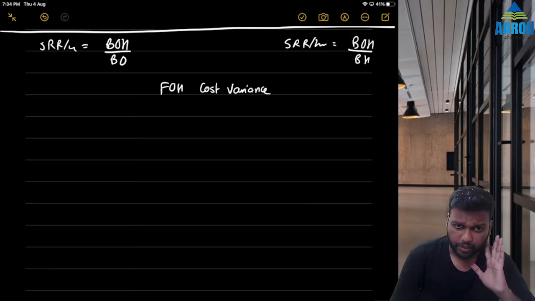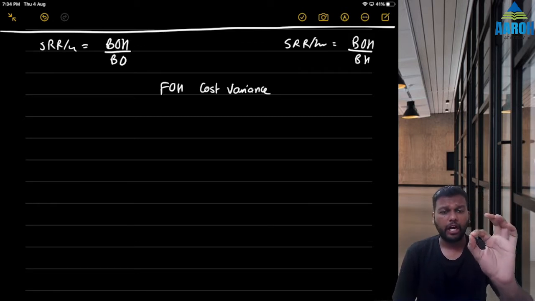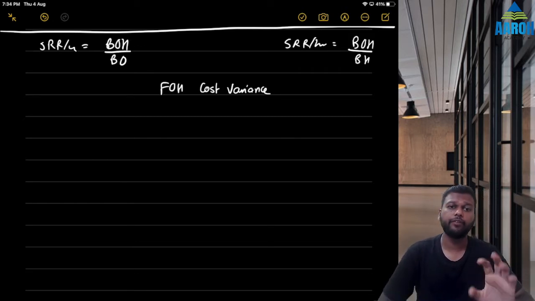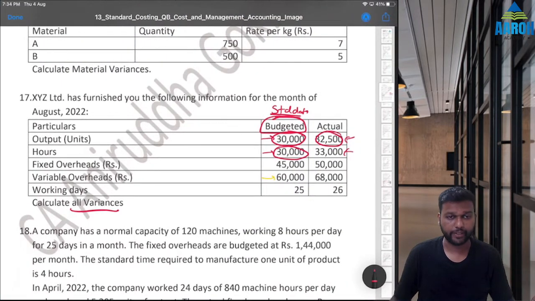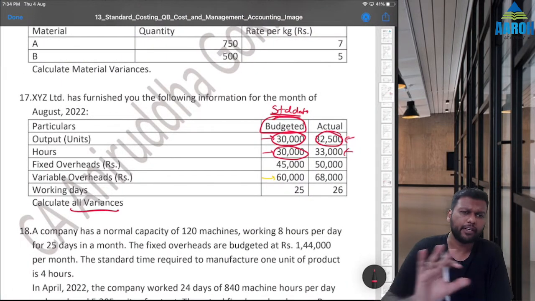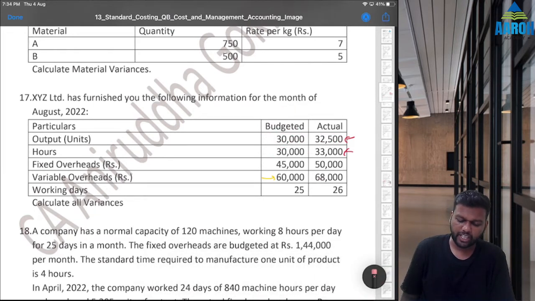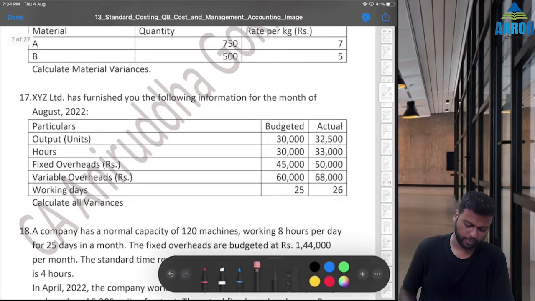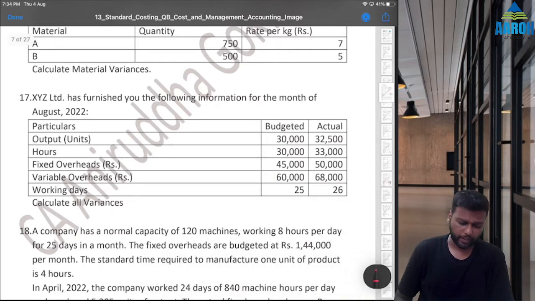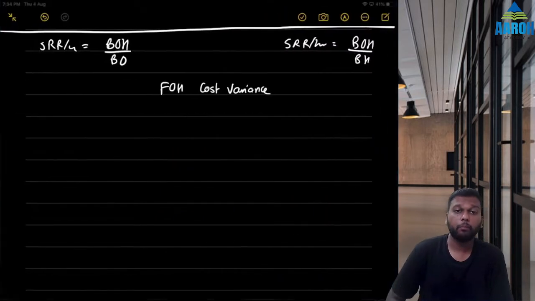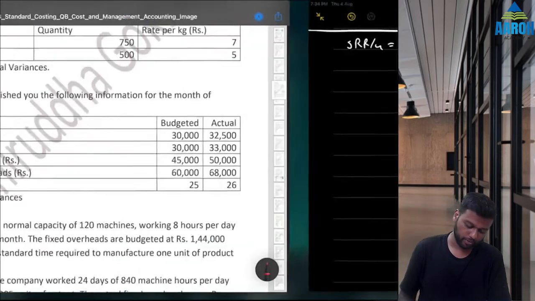Now concentrate carefully. Along with this chart itself, we'll solve this question. So for this question, let us see what is SRR first. SRR per unit and SRR per hour. Now I'm erasing all this. Now this is only about fixed overheads, forget about variable overheads. For fixed overheads, SRR per unit is budgeted overheads upon budgeted output.